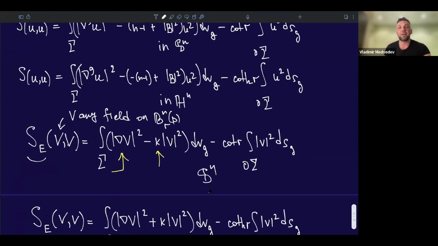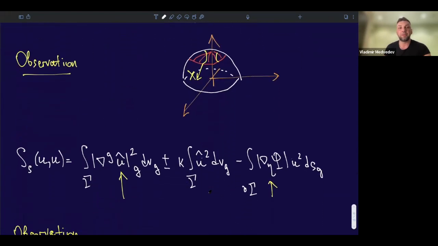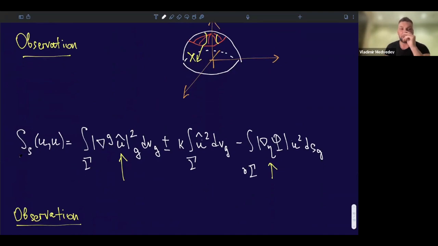And if you compare this formula with the formula for this quadratic form, which is the quadratic form for the index, the spectral index. The spectral index is defined in this setting as the maximal dimension of linearly independent functions u on which this form is negative definite.